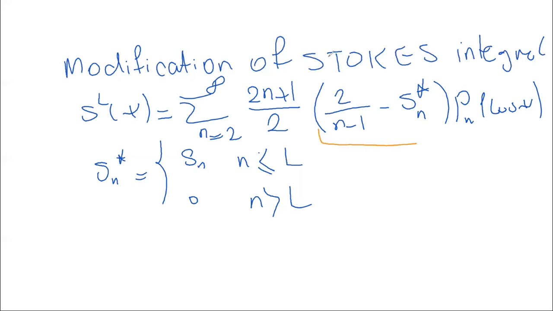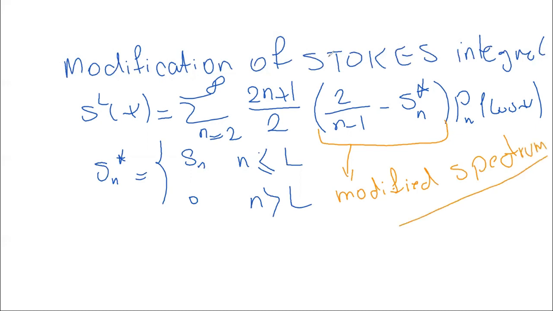And what you see here is, in fact, the modified spectrum. How is it modified? I subtract something from the Stokes kernel. So in this case, this kernel will be modified, or will change its behavior.